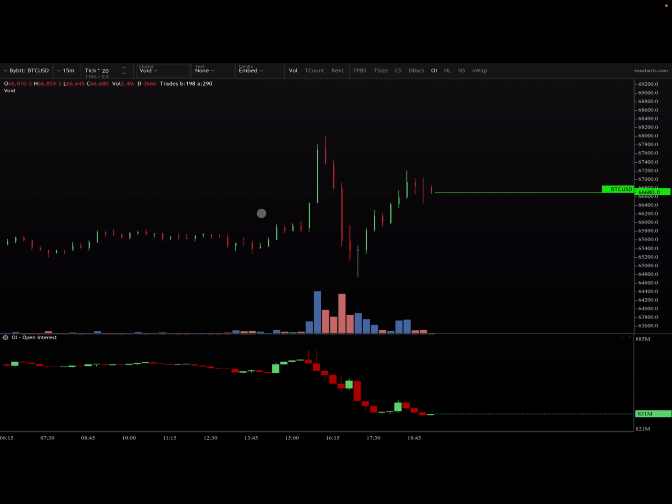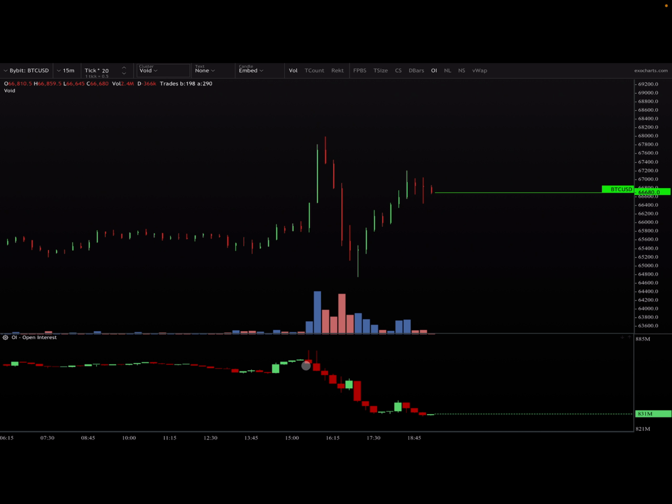So here is another example of volume versus open interest, where you're seeing the price push from $65,600 up to $68,000, a $2,500 push. And if you just look at the volume, you might think to yourself, well, the volume is increasing, so this move should be strong because there are more contracts in the market. Well, that's not the case.